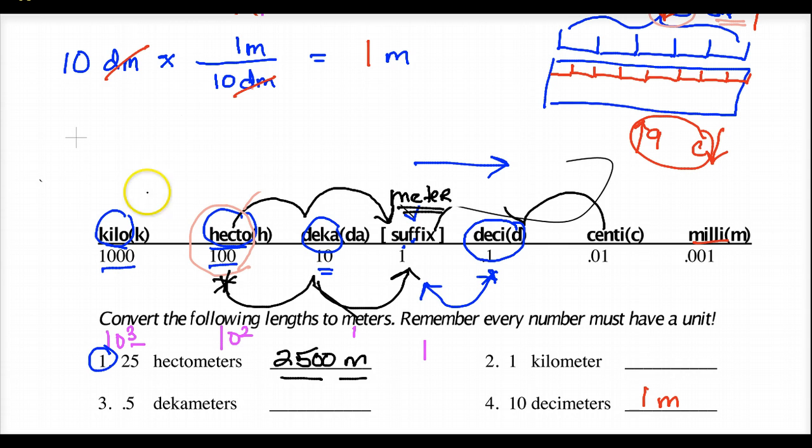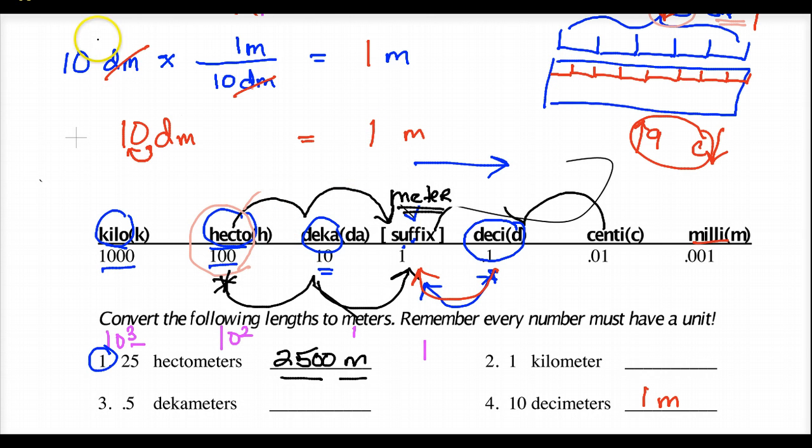Okay? Now, of course, you could say, oh, 10 decimeters. All right. And I'm going to go to meter. Oh, I'm moving this way to the left. I'm getting bigger by how many jumps? By 1 jump. Here's my decimal places here. It moves 1 place, and I'm left with 1.